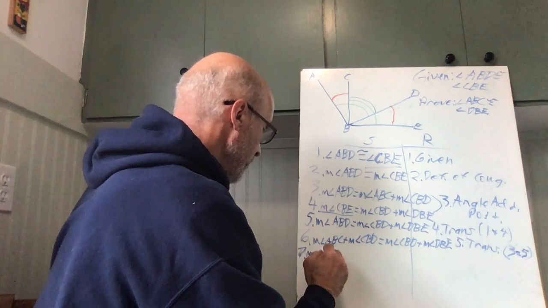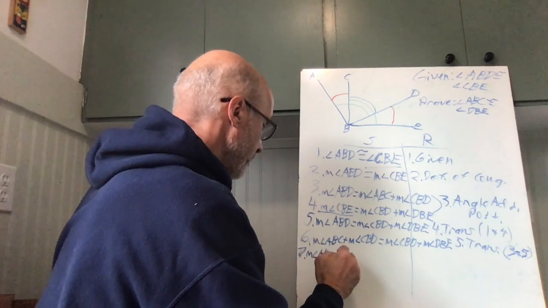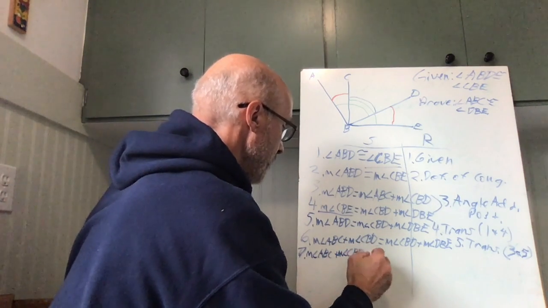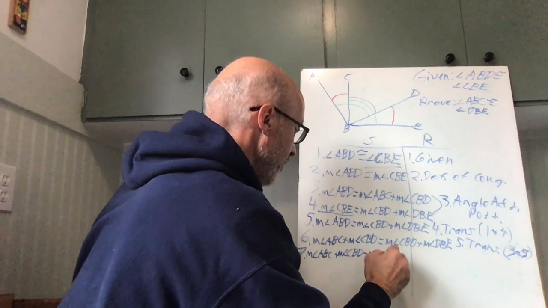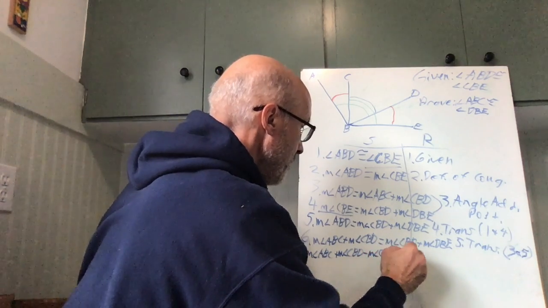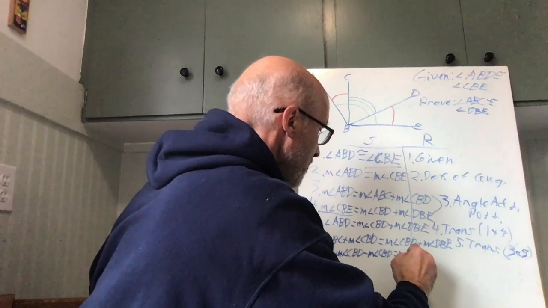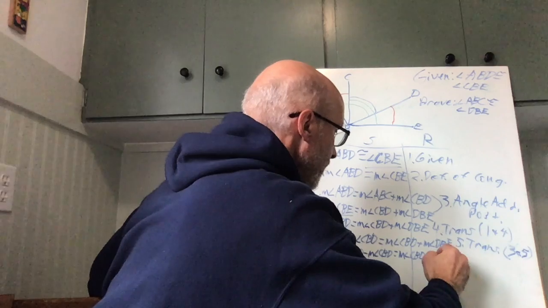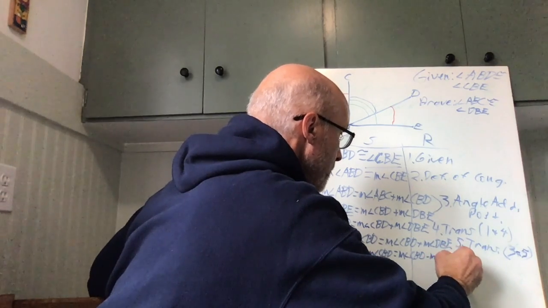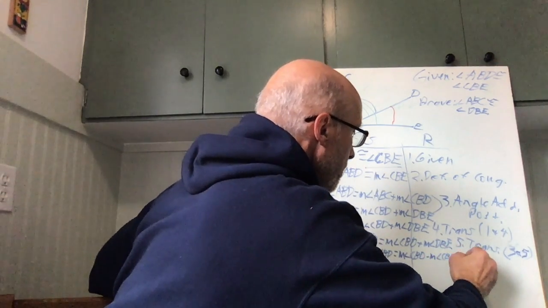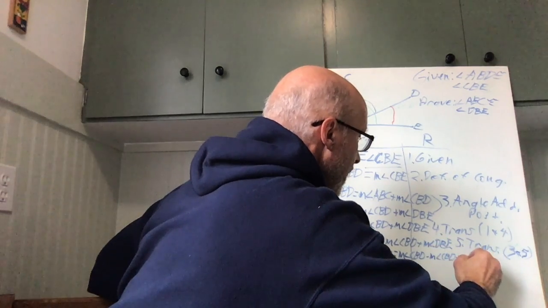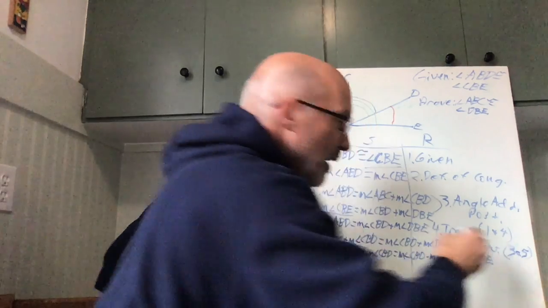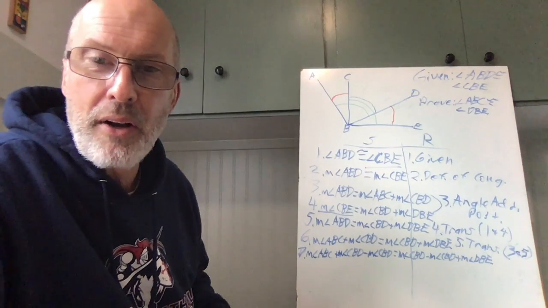Measure of angle ABC plus measure of angle CBD minus measure of angle CBD equals measure of angle CBD minus the measure of angle CBD plus the measure of angle DBE.